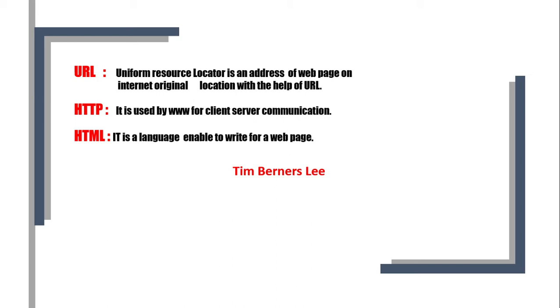Whenever we want to reach a particular place, we give the particular address, and then we are able to reach it. Otherwise, we are not able to reach it. In the same way, whenever we want to open any site, we have to give the perfect address, the perfect location. That original address we get with the Uniform Resource Locator.